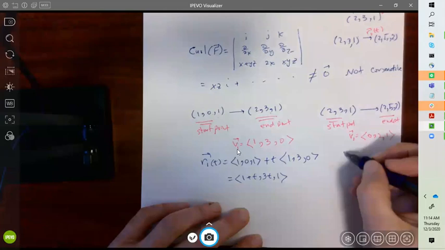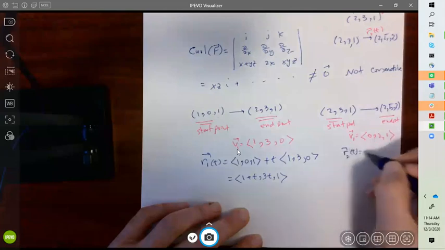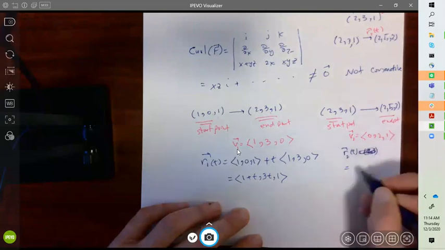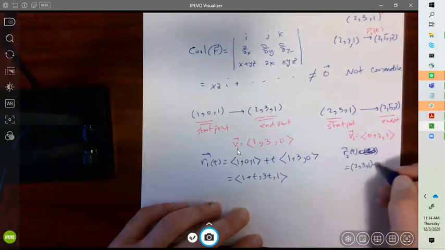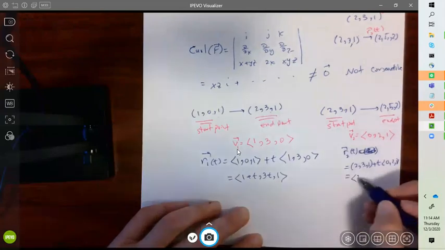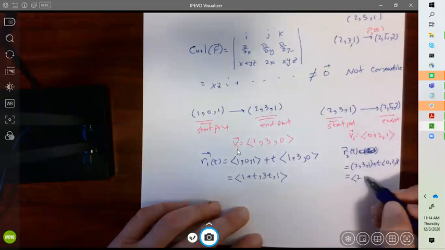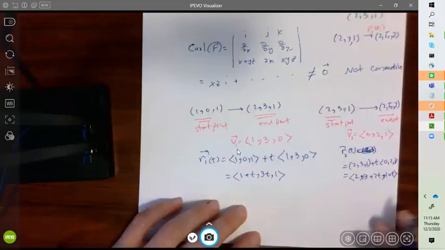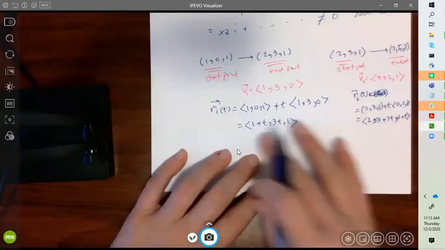And then write R2 of t to be the beginning point 2, 3, 1, plus t times 0, 2, 1. And that is 2, 3 plus 2t, and 1 plus t. I messed it up multiple times, right? Now I have R1 and R2.